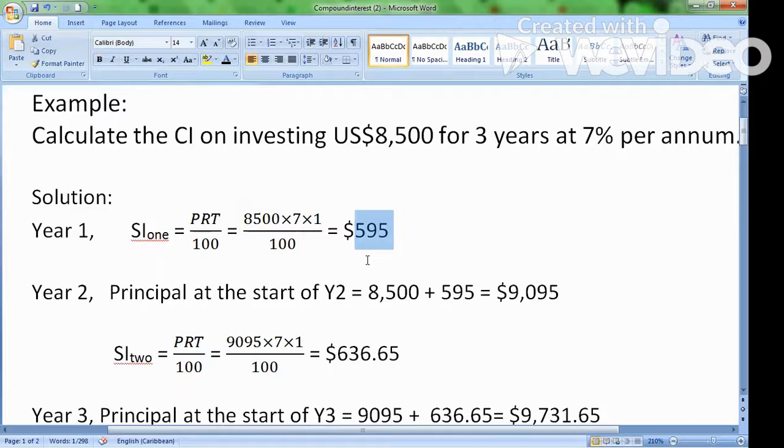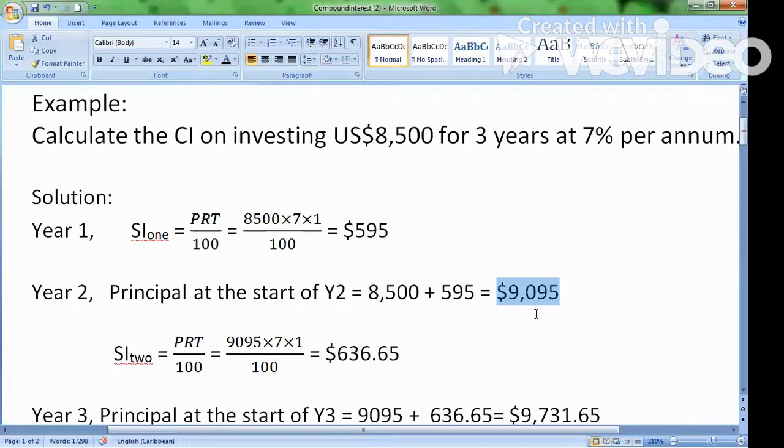Now, December 31st, you add your interest to your principal for that year, which is what? 8,500. So at the start of year 2, your new principal would be the sum of 595 plus 8,500, which is 9,095.